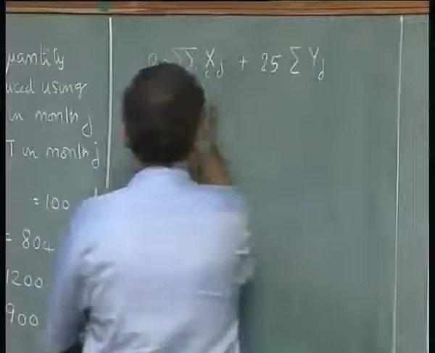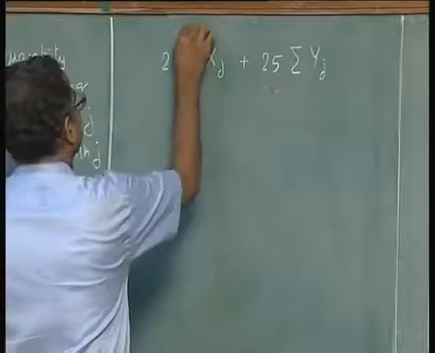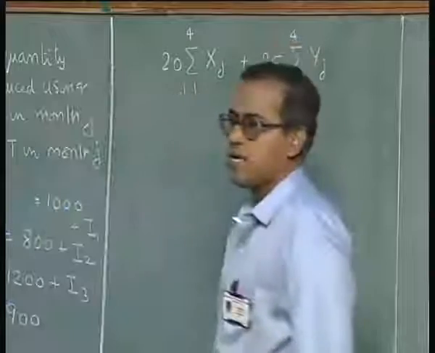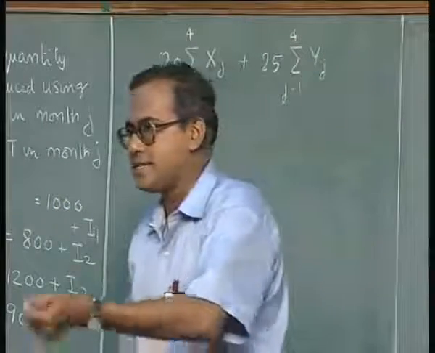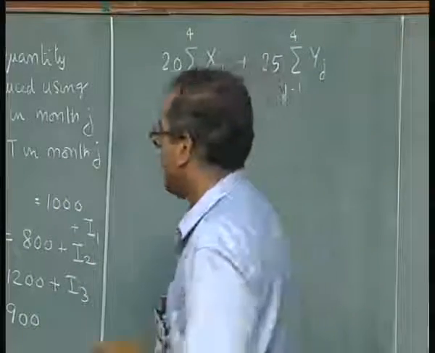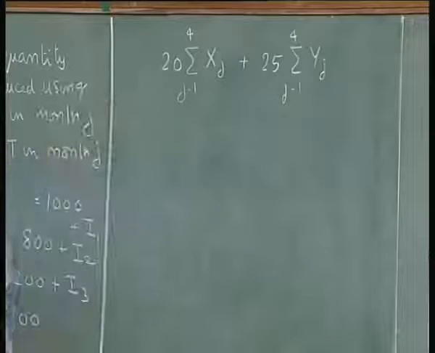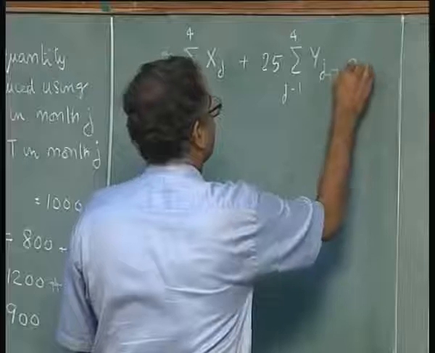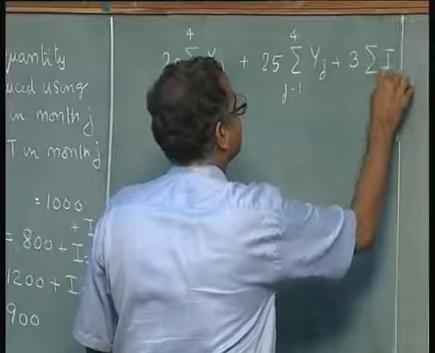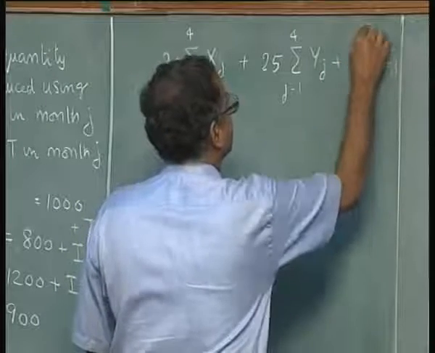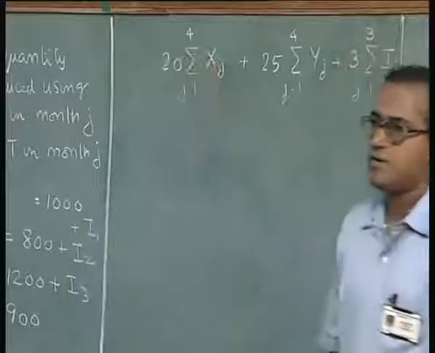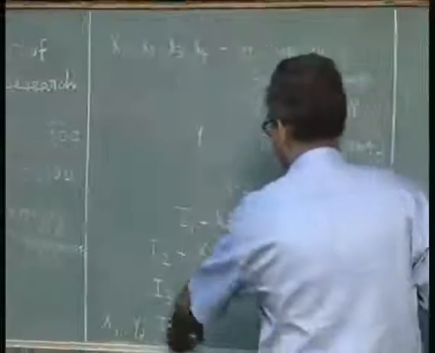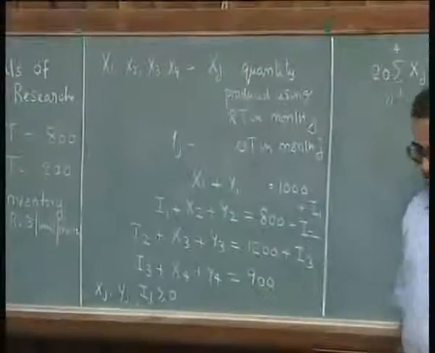In fact, you could say j equal to 1 to 4 here and j equal to 1 to 4 here, plus whatever quantity is carried to the next month, we have an additional rupees 3 per unit per month. So, you will have plus 3 into sigma Ij, j equal to 1 to 3, and we do not have I4 in this problem. Plus we have xj, yj and Ij greater than or equal to 0.